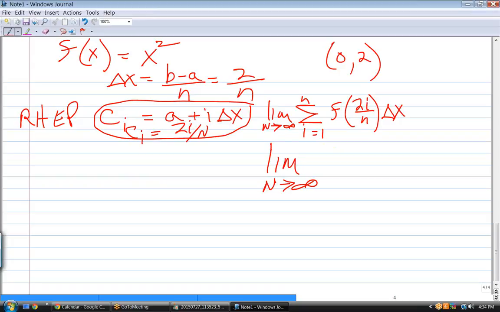Well, that still has sigma in there. f of 2i over n, I'm going to plug 2i over n in for x. So I have 2i over n squared times delta x, which is 2 over n.